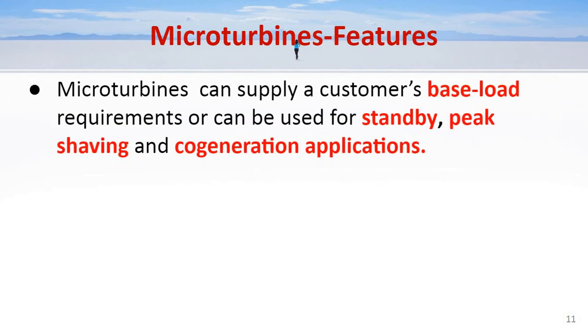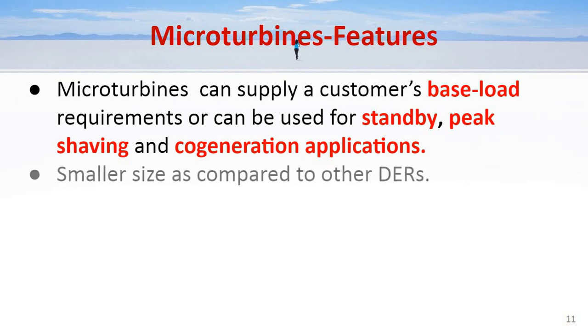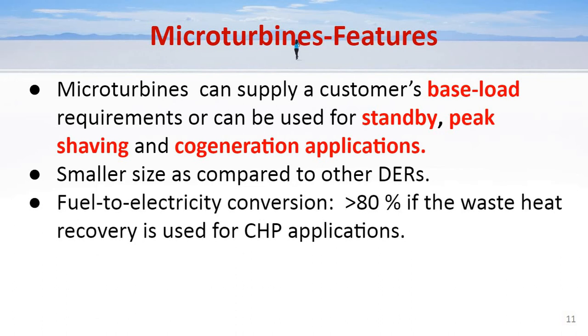The main features are that it can supply a customer's base load requirements, or it can be used for standby, peak shaving applications, and cogeneration applications. What is peak shaving we will see in a different module. The size is very small compared to other DERs. The efficiency is more than 80% if we use the waste heat.